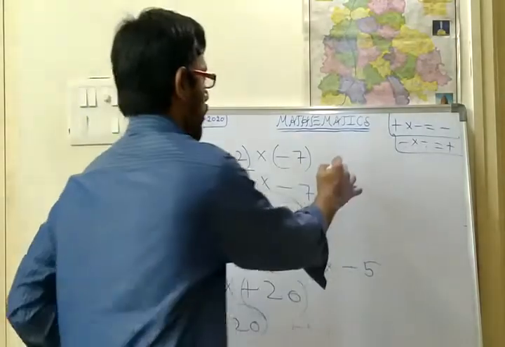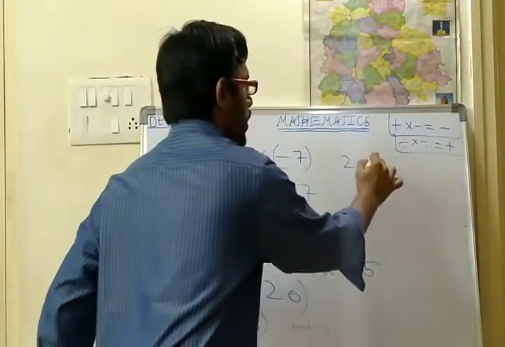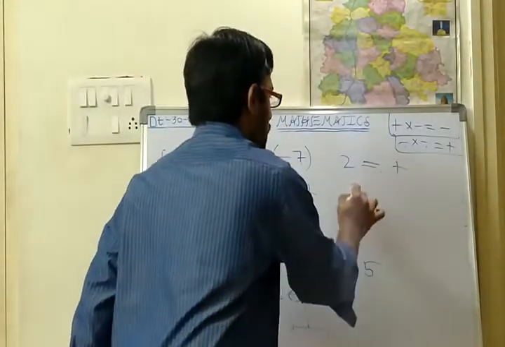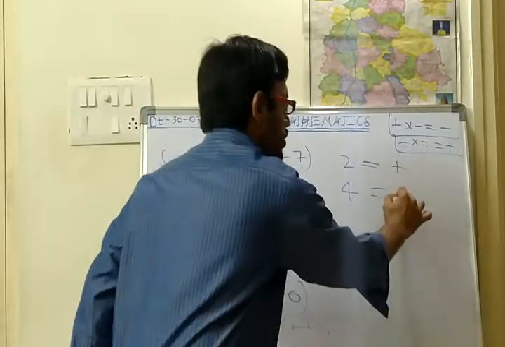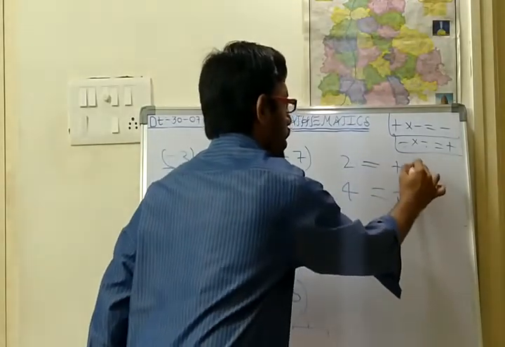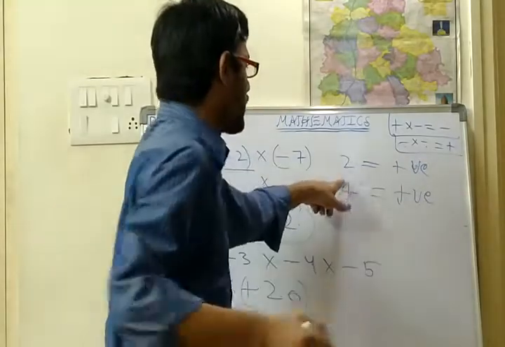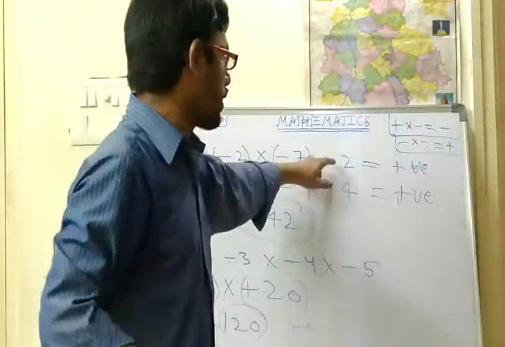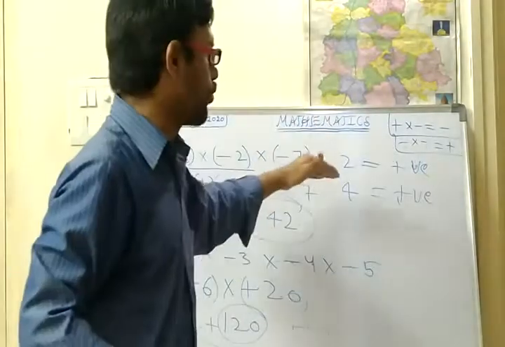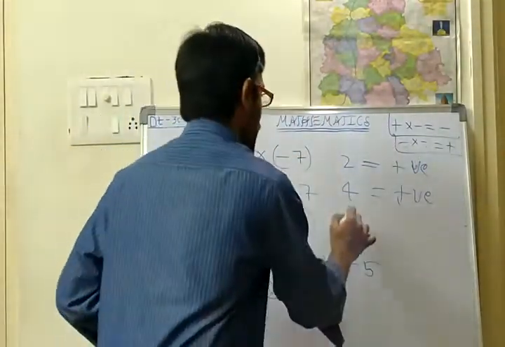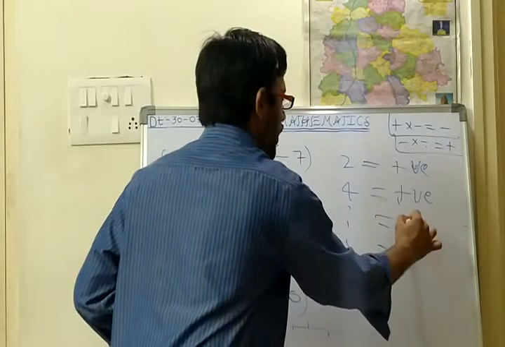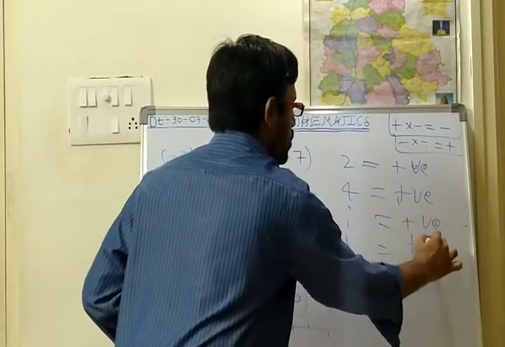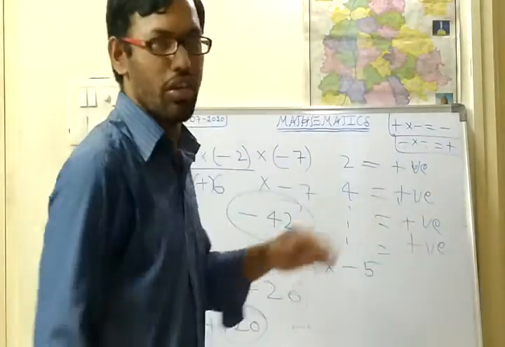That means the product of 2 negative integers is positive, and the product of 4 negative integers is also positive. That means if the number of integers is even, like 0, 2, 4, 6, 8, 10, then the result will be a positive integer only.